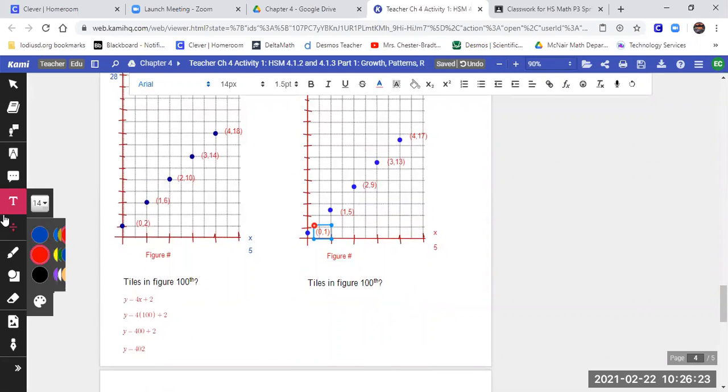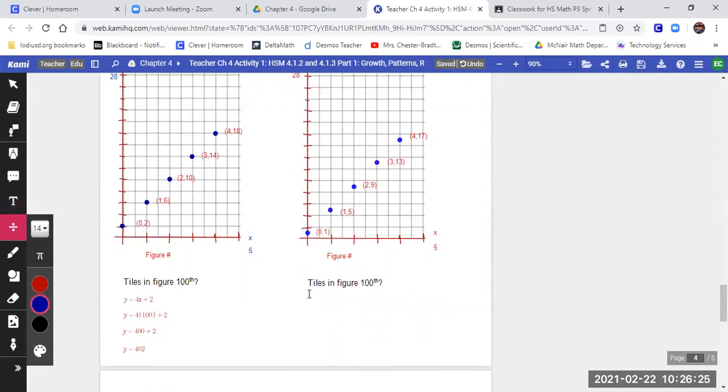We need to figure out figure 100. So we've got to go get our equation. Y equals 4x plus 1. So I'm replacing the x with the 100. Y equals 4 times 100, plus 1.